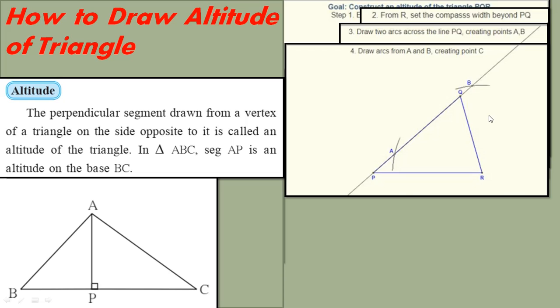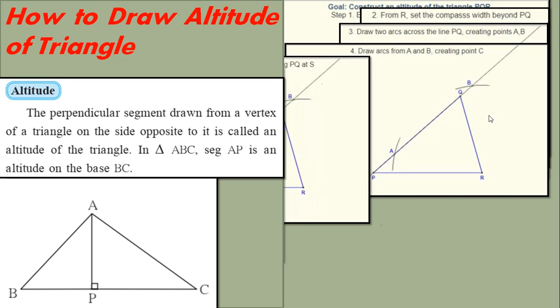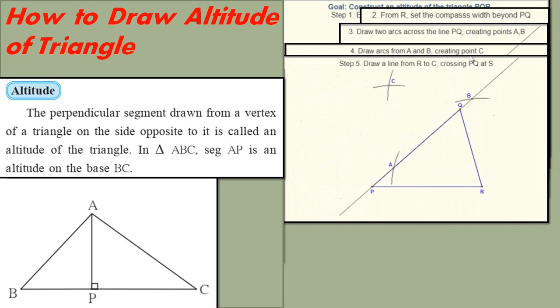Then keep point B as a center, and with the same distance draw an arc here, and with A as a center draw another arc with the compass.